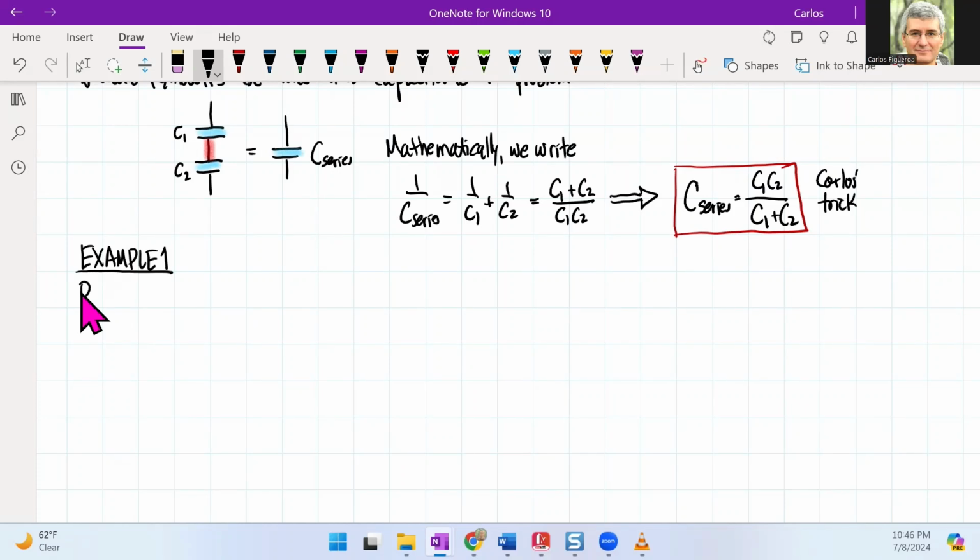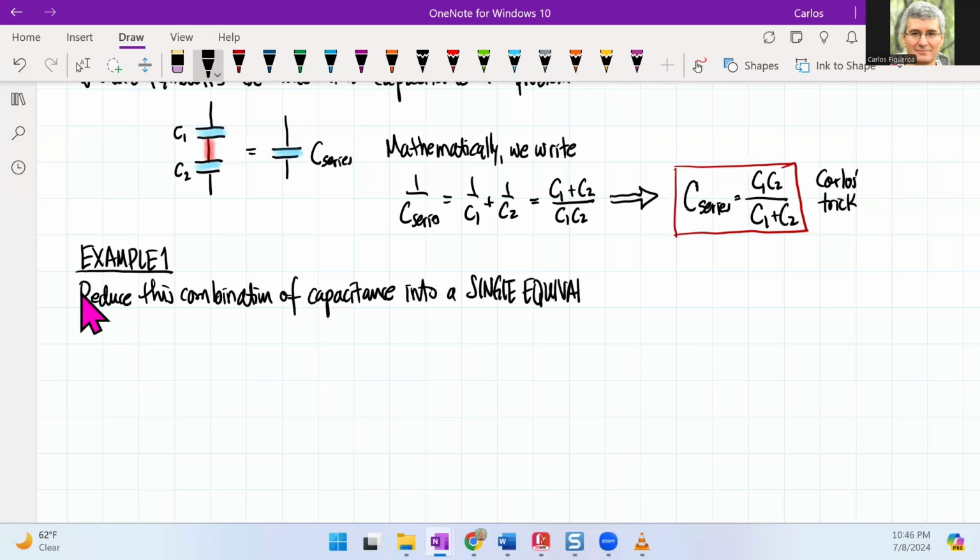So the goal here is to reduce this combination of capacitance into a single equivalent capacitance.